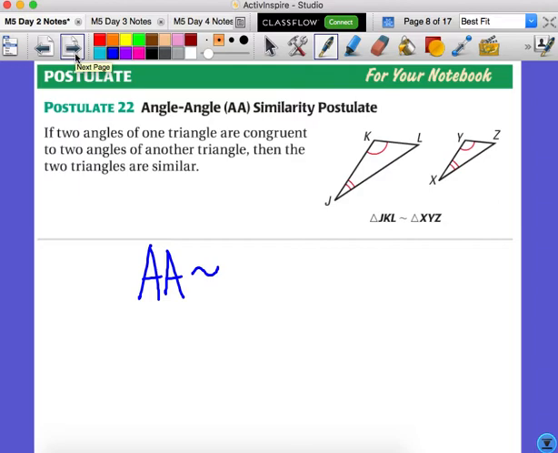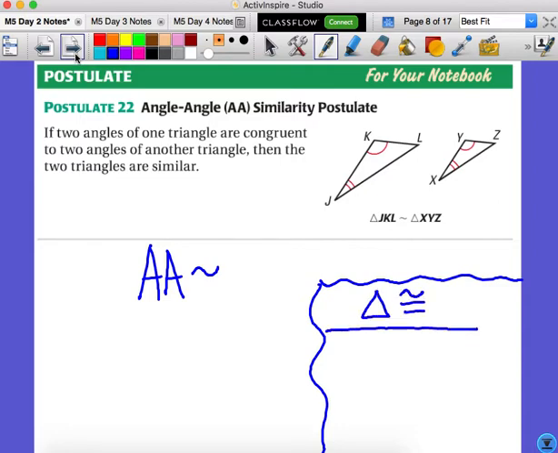Now, since I brought up congruency here, let's pause for a second. Remember that congruence means that we have all sides congruent and all angles congruent, whereas similar means that we have congruent angles but proportional sides.